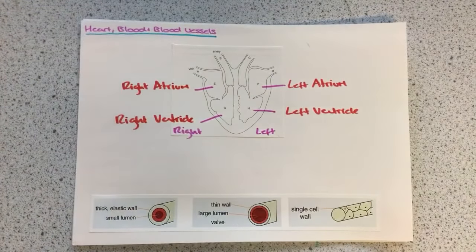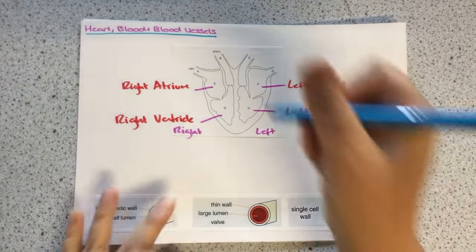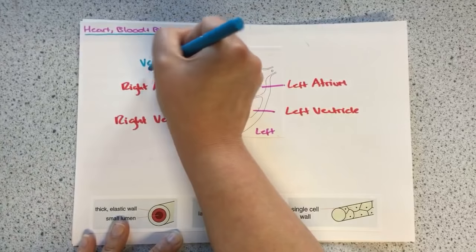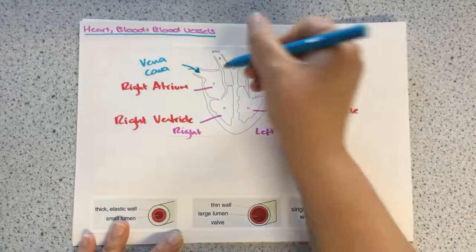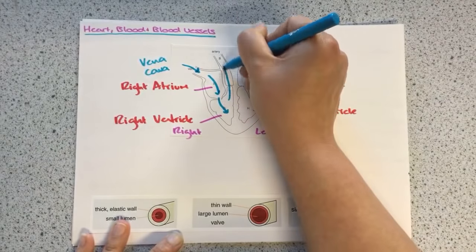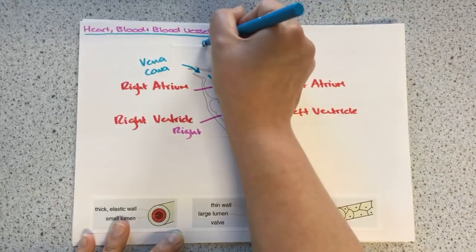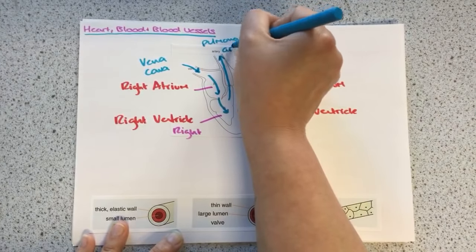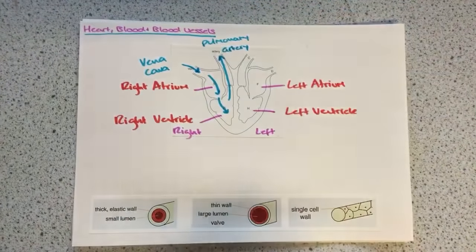You also need to know the blood vessels leading to and from the heart. So blood enters the heart through the vena cava. It then enters the right atrium, right ventricle, and it leaves up and out of the heart through the pulmonary artery. I've used blue because it is deoxygenated blood.